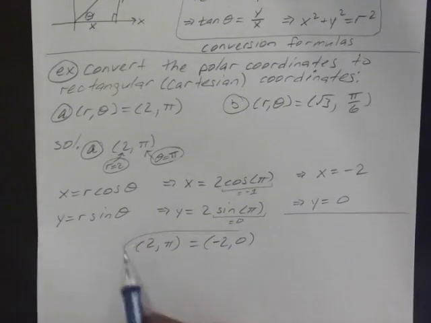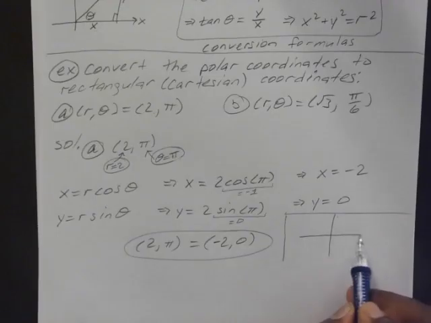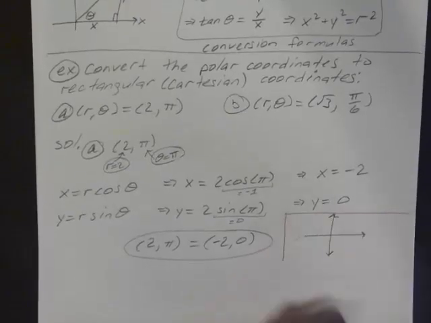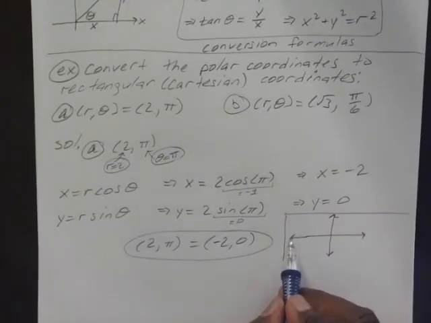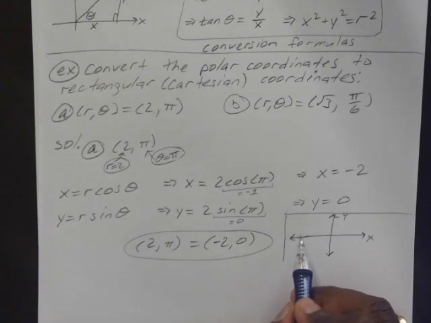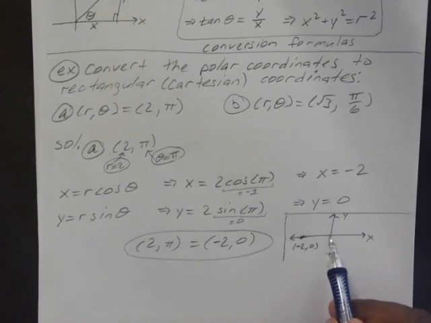And if you think about it visually, to do a really quick visual aid here, we take the point negative 2, 0. Let's say this is our 2. So this is the point negative 2, 0. Okay, so what if we take our line and we have a line with a radius of 2?